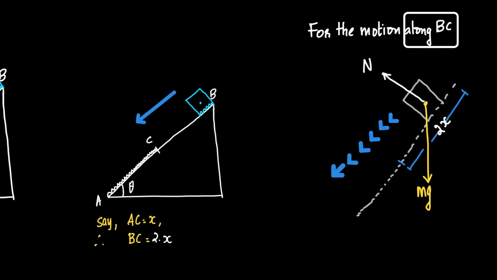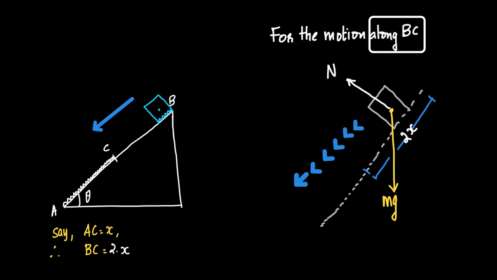So we'll first try to understand, for the motion along BC, what are the various forces acting on this body? Since friction is absent here, the only two forces acting are: number one, the force of gravity, which is mg acting downwards, and number two, the normal reaction, which is perpendicular to the inclined plane.